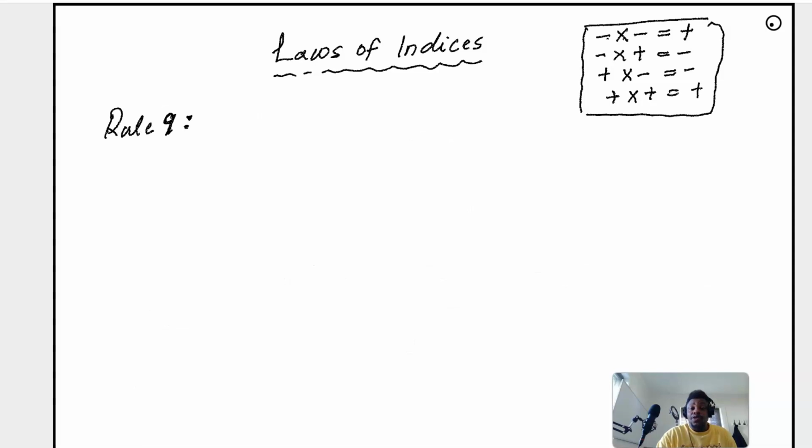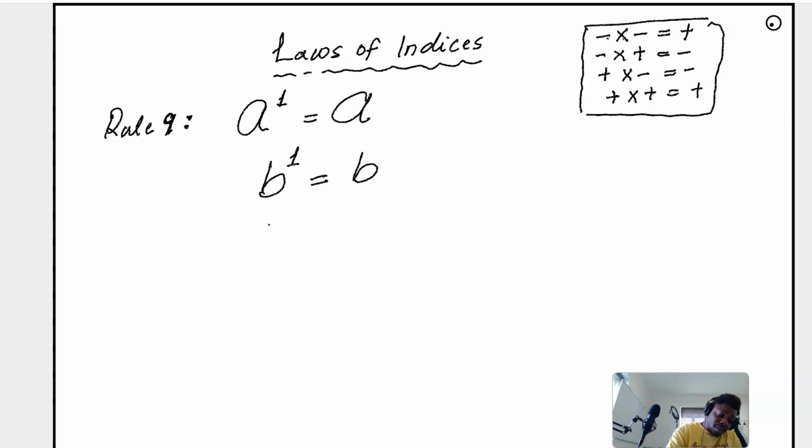Now, let's take the last rule of indices, which is rule 9. This says a raised power 1 is a. What this rule is telling you is that anything raised power 1 is that thing. If I say b raised power 1 is b. If I say 2 raised power 1 is 2.